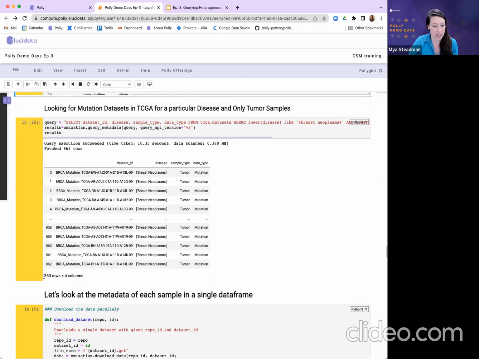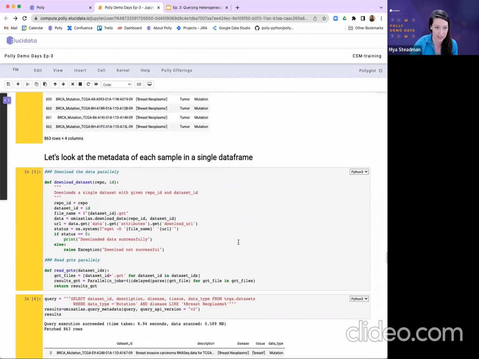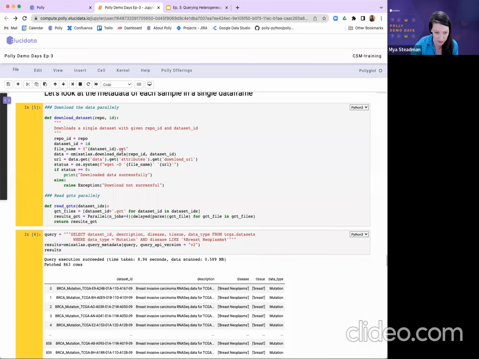We've done this search, we pulled it out, and here we are with our 863 rows, but these are all in TCGA. Each data set is a sample, and so these are all in different files, and I want to look at them all together at once so I can find the ones that are most relevant to me. So we're going to merge them into a single data frame, and that's what we're doing here.